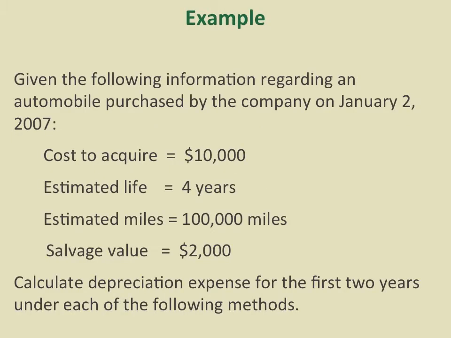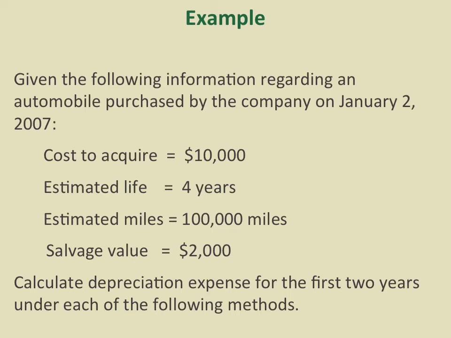Now, I'm going to use this common example to demonstrate differences among those 4 different depreciation methods on the depreciation expenses in different years. Okay, so we have a company purchased a car on January 2nd, 2007. The historical cost to acquire this car is $10,000. Estimated life 4 years.